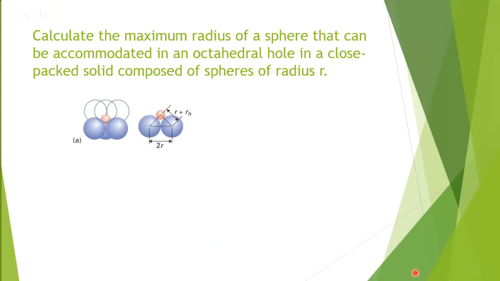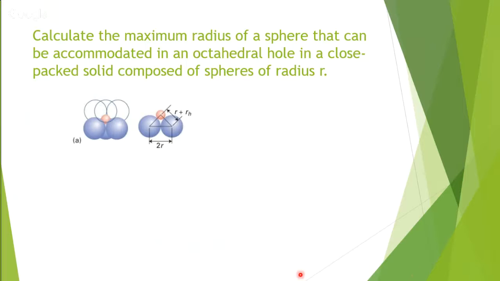All right, so let's look at a slightly different example and try to calculate the largest sphere, or the maximum radius for a sphere that would fit into an octahedral hole.